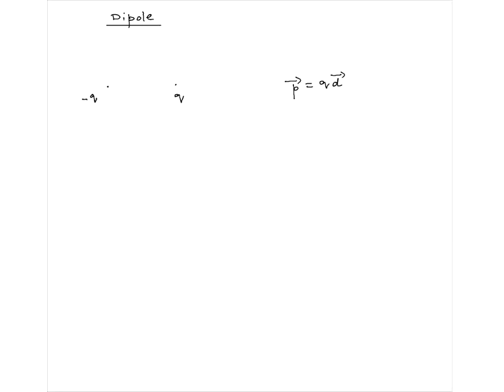We are interested in knowing field and potential at a point due to the dipole. And what we will do is that we will first find potential, then we will differentiate and find field. That makes sense, isn't it?